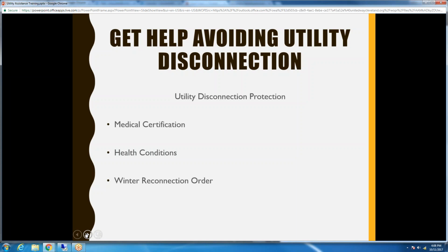This patient suffers from hazardous medical condition, and termination of the utility service would be especially dangerous or life-threatening. And the other box is this patient uses medical or life-supporting equipment, and termination of utility service would make operation of that equipment impossible or impractical. So those are the two boxes that a doctor has to check.